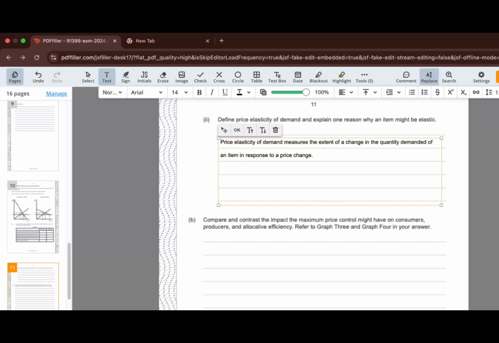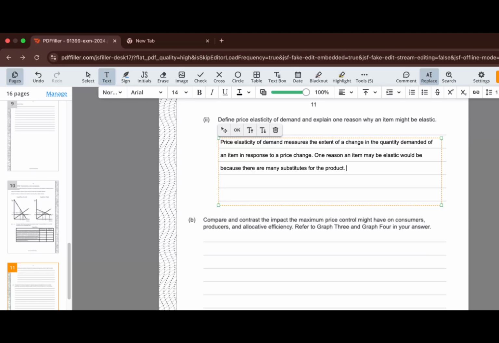Another could be because there are many substitutes. Yeah, so we'll write that out there, guys. So one reason an item may be elastic would be because there are many substitutes for the product.